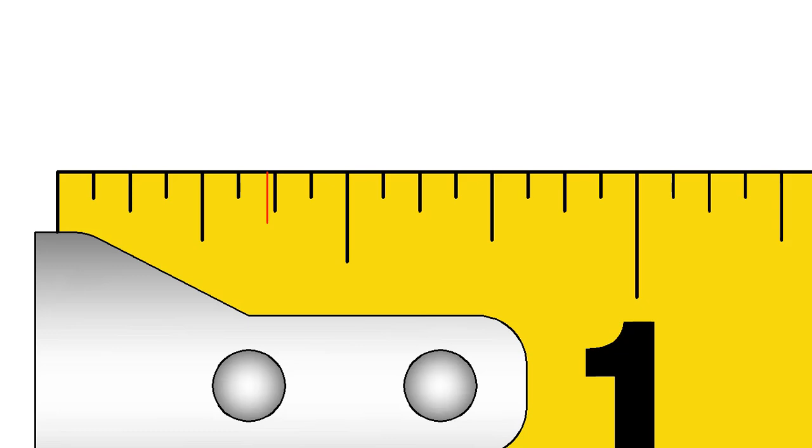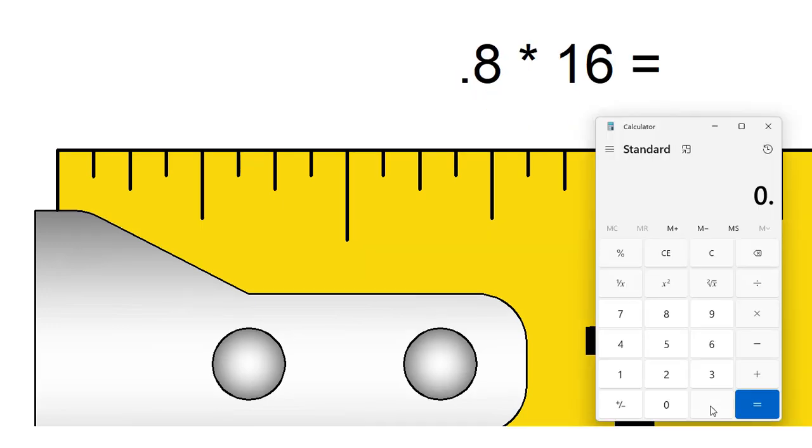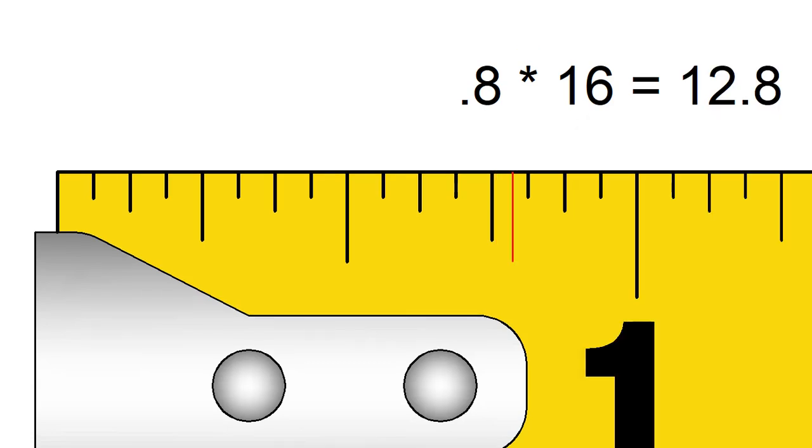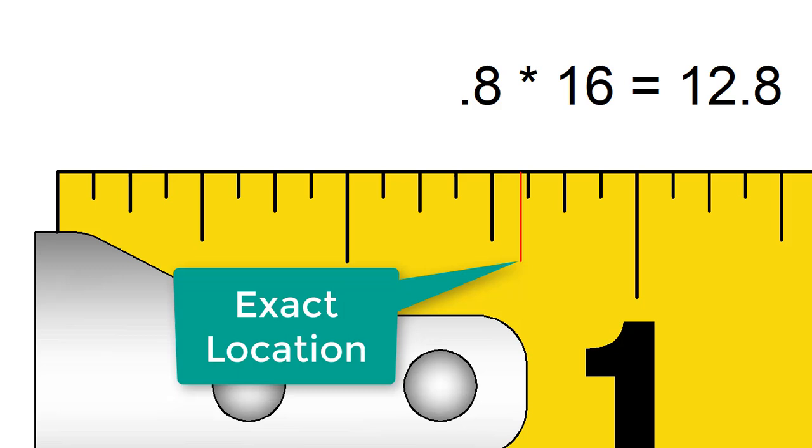Generally, you only need to know if the measurement is closer to one mark or another. Here is another example to show you what I mean. Let's think about the decimal 0.8 inches. Let's use our trick and multiply 0.8 by 16. We get 12.8. So the decimal would fall past the 12/16 mark and it would be 80% of the way to the 13/16 mark.